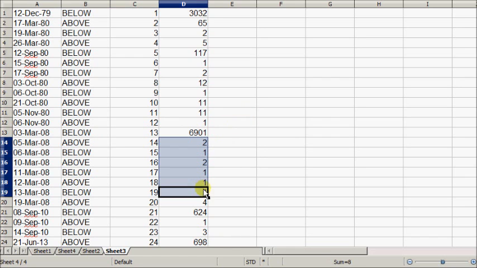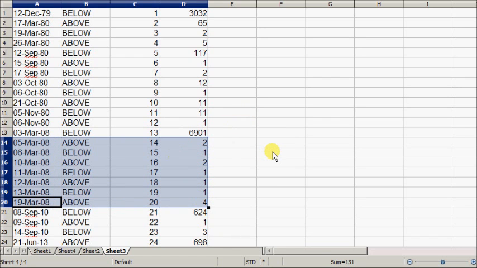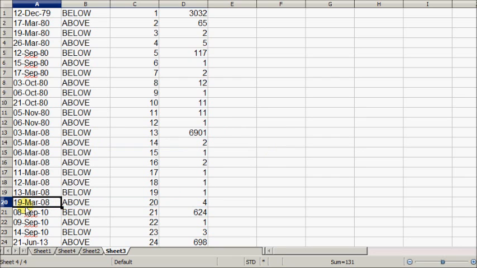Then it traded above and below it in March of 2008. On March 19th, that was the last day it went above it, or the next day it went below, for 624 consecutive days. Not breaking above it until September 8th, 2010.